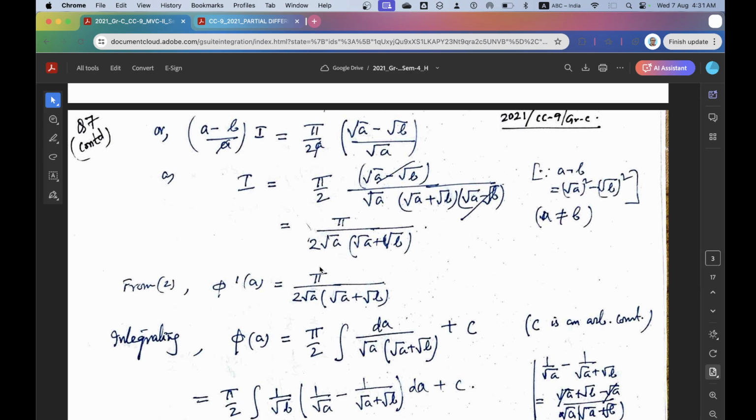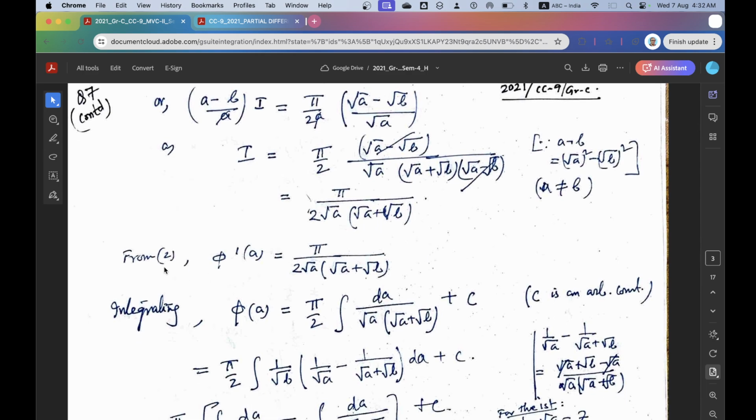So pi by 2 whole divided by 2 square root of a into bracket square root of a plus square root of b. From 2, phi dash a equal to pi by 2 square root of a into square root of a plus square root of b.